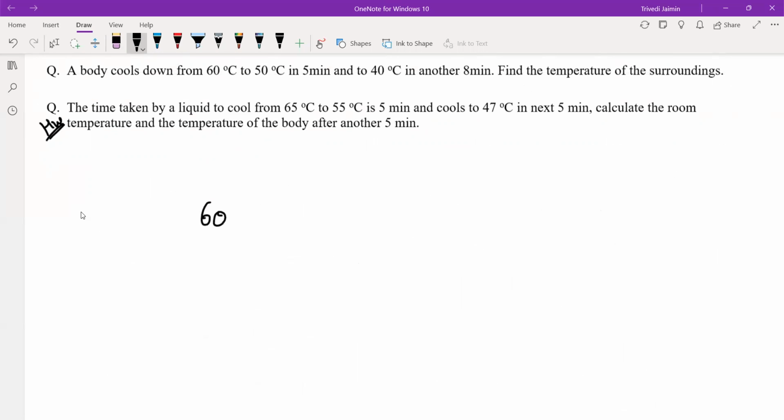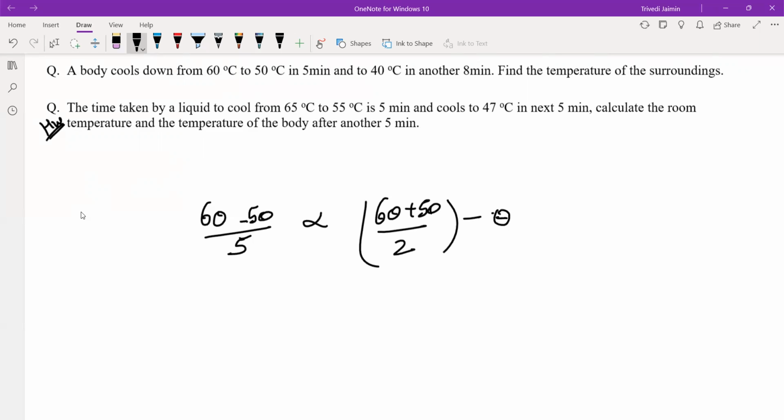So 60 minus 50 by 5 is equal to 60 plus x by 2. 5, this one equal to 60 plus 50 by 5. No, 2, right? That means how it's 50, we don't know the temperature of surroundings, no, sir. No, we don't know temperature of this one.